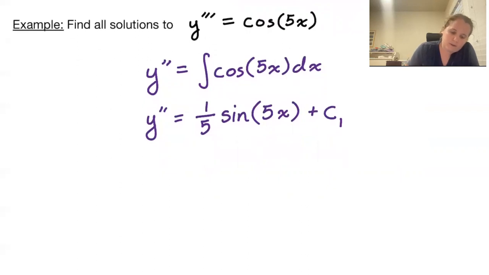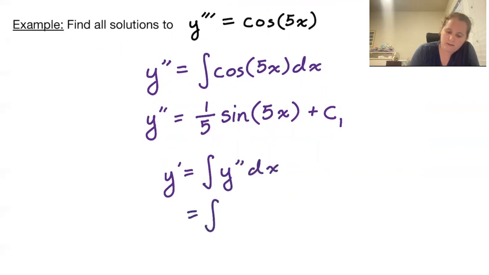Next up, we'll have the first derivative is equal to the integral of the second derivative. And so we have y prime is equal to the integral of 1/5 sine of 5x plus c1 dx.